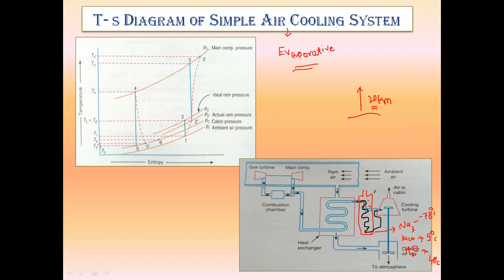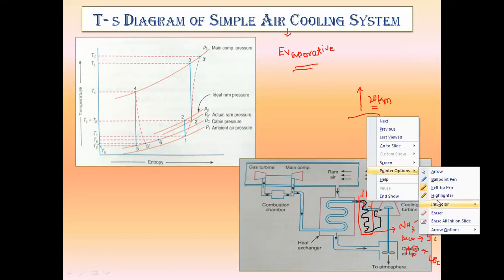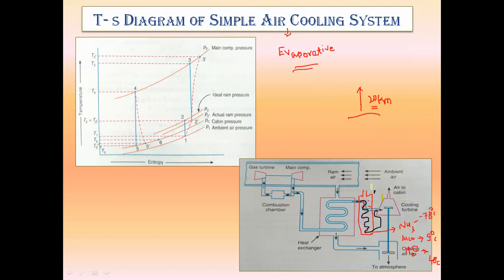So if I draw the diagram likewise, by the addition of the evaporator, that system will be called a simple air evaporative cooling system. There will be only the addition of this much part, called an evaporator, added in between the heat exchanger and cooling turbine.